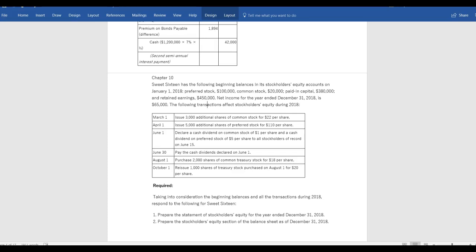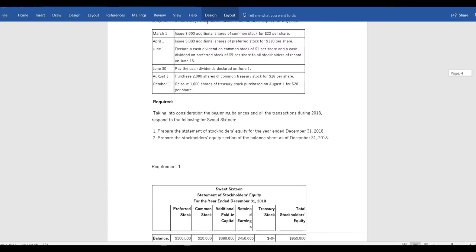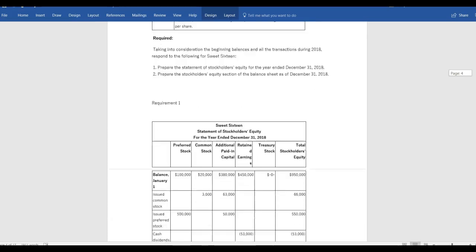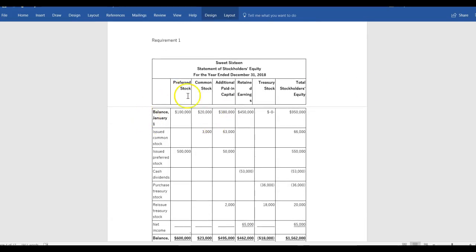So in this scenario, we know that we would record this preferred stock with the par value being the amount placed in preferred stock, and the amount in excess of par value would go into additional paid in capital.